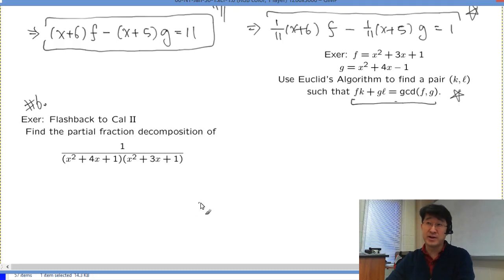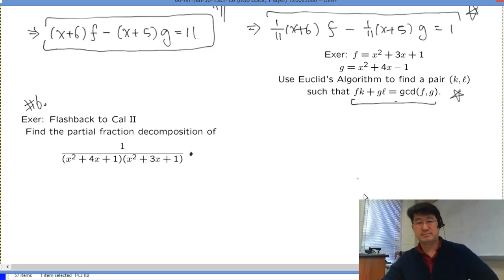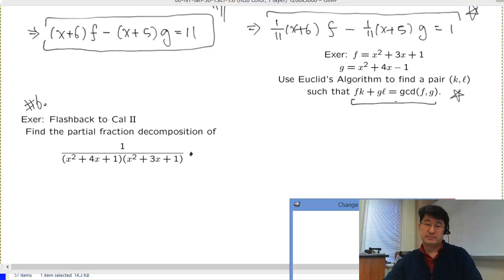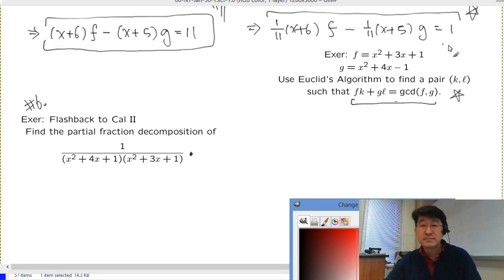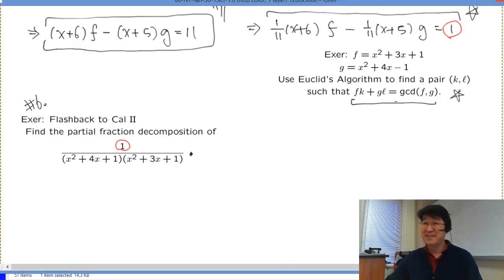If not, keep looking at it until you see it. Here's a hint. That one and that one is the same one. Right? That one and that one's the same one.